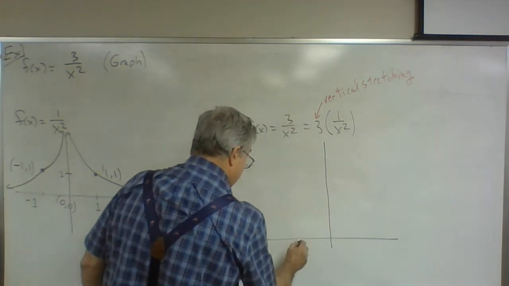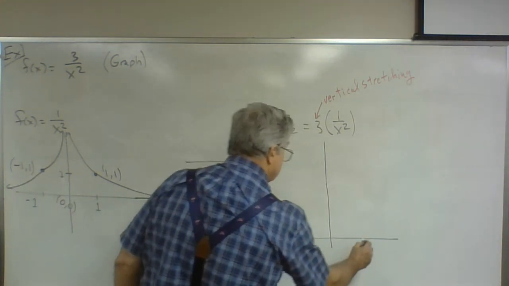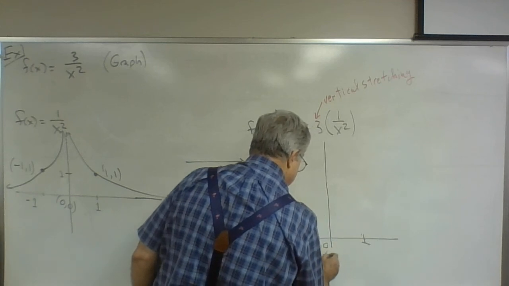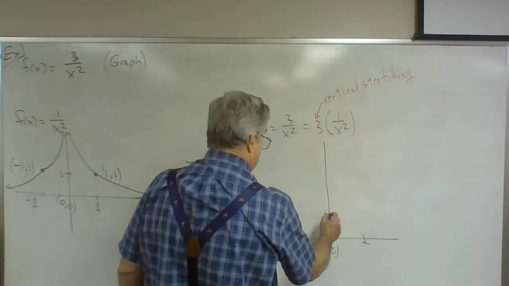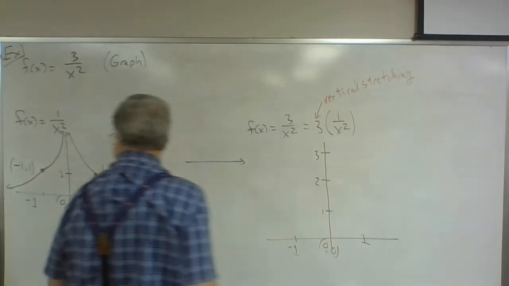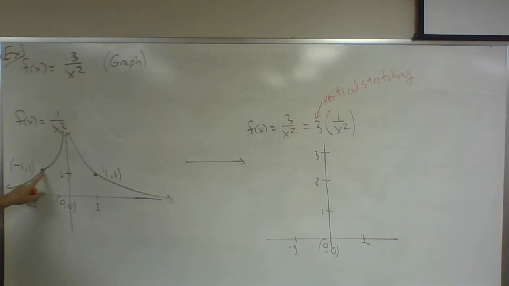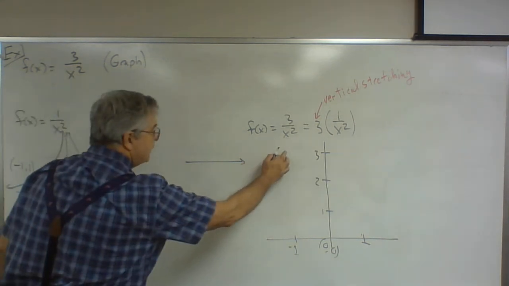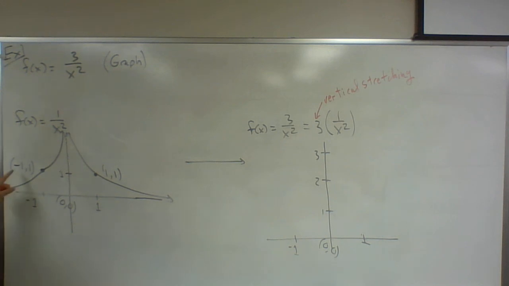So let's see how that comes about. The y-coordinate of this point is 1, but we're going to stretch that vertically by a factor of 3. So on this graph, the corresponding point is -1, y equals 3.